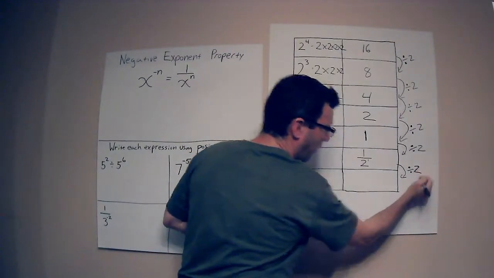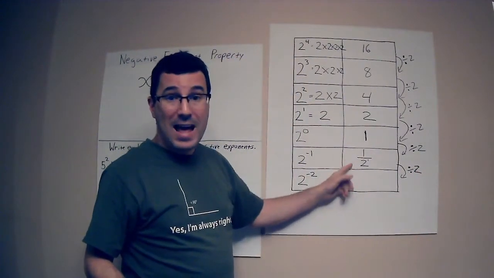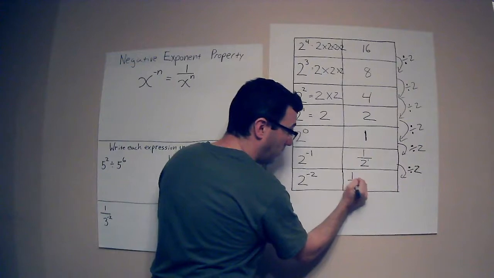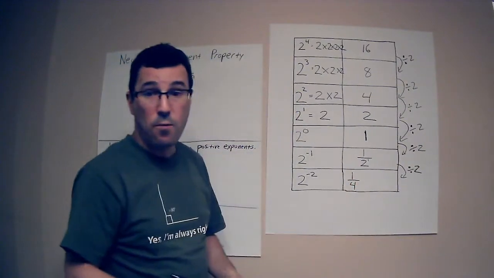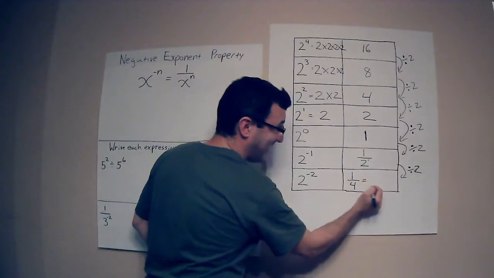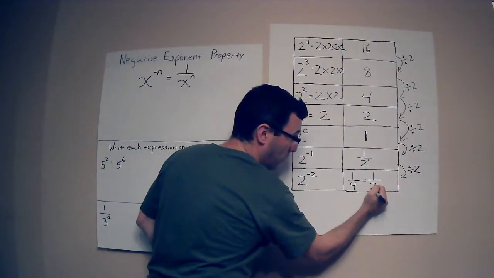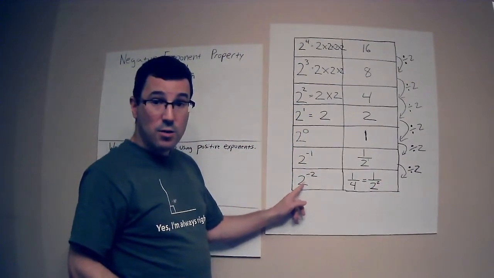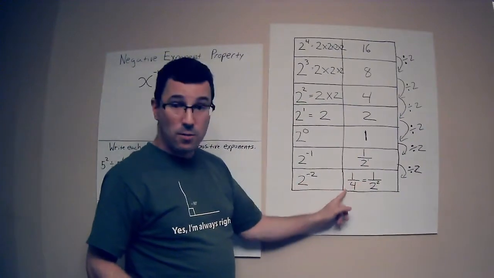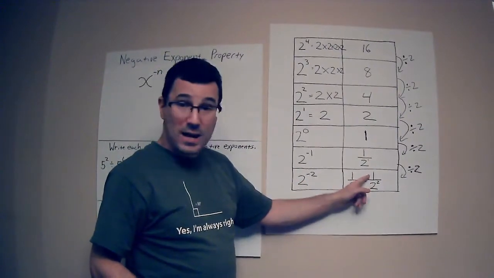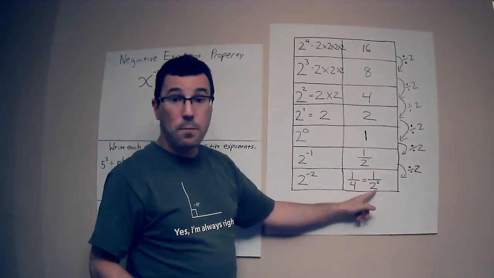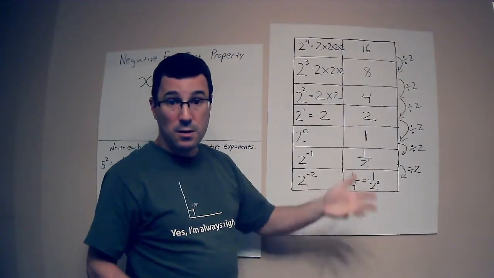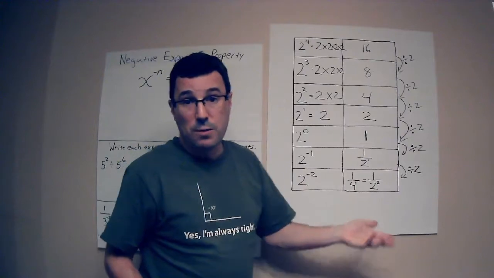But when we take 1/2 and divide it by 2, we get 1 over 4, which is the same as 1 over 2 to the second power. So 2 to the negative 2, our answer is 1 over 2 to the positive 2. So we go from a negative exponent to a positive exponent because we made it a fraction. We did the reciprocal.